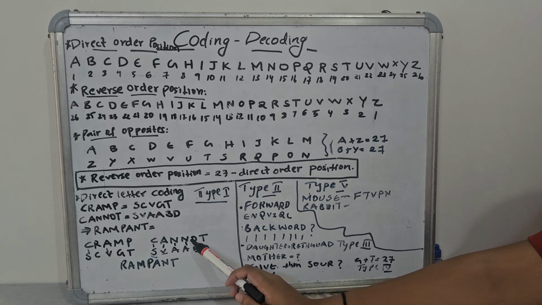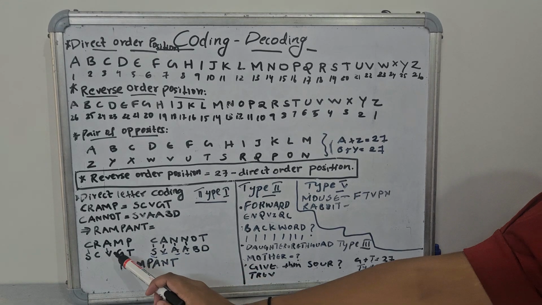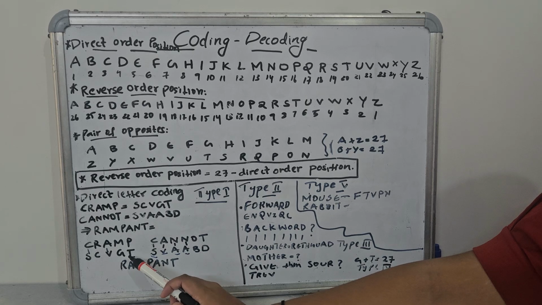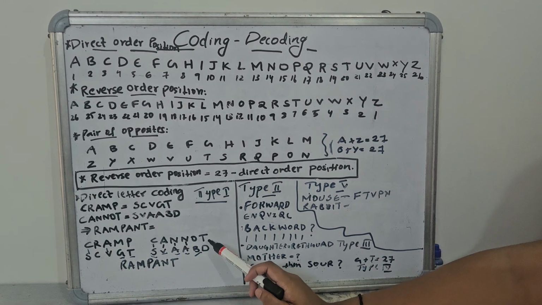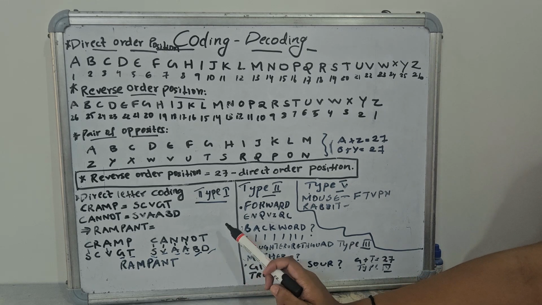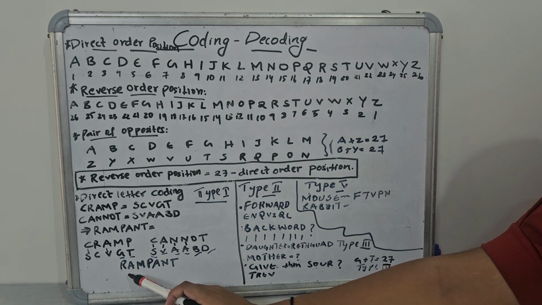Now looking at N, N corresponds to A. Then P corresponds to T, M corresponds to G, O corresponds to B and T corresponds to D. Now you have to directly write those letters.